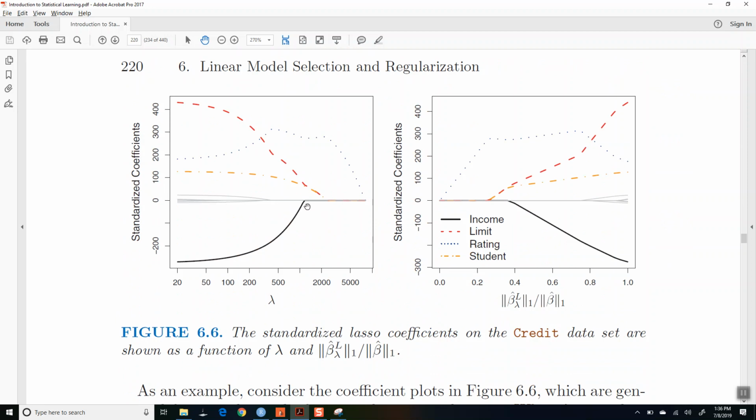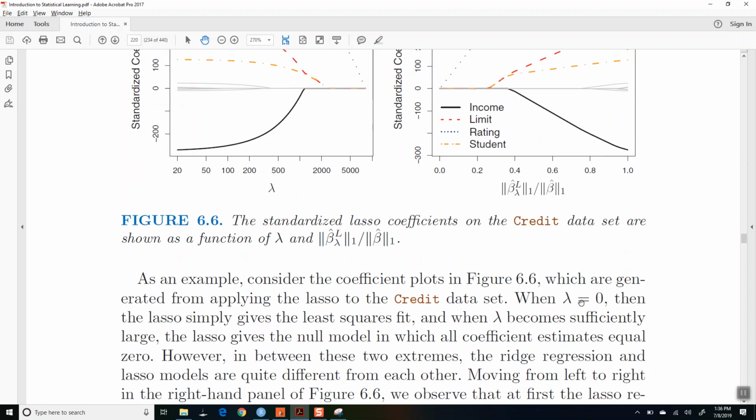And so as the lambdas go up, the coefficients get pushed down to exactly 0, okay? Only if we relax these are the coefficients allowed to grow.